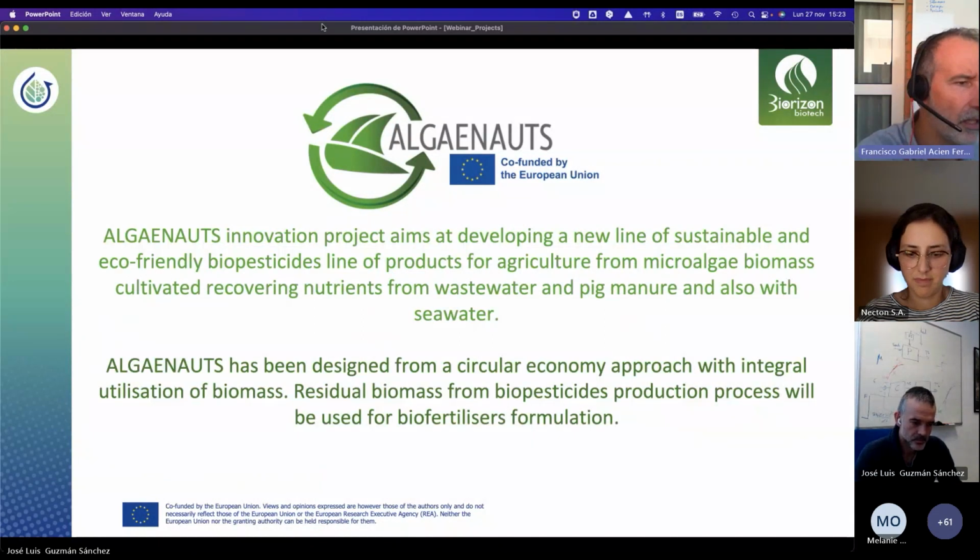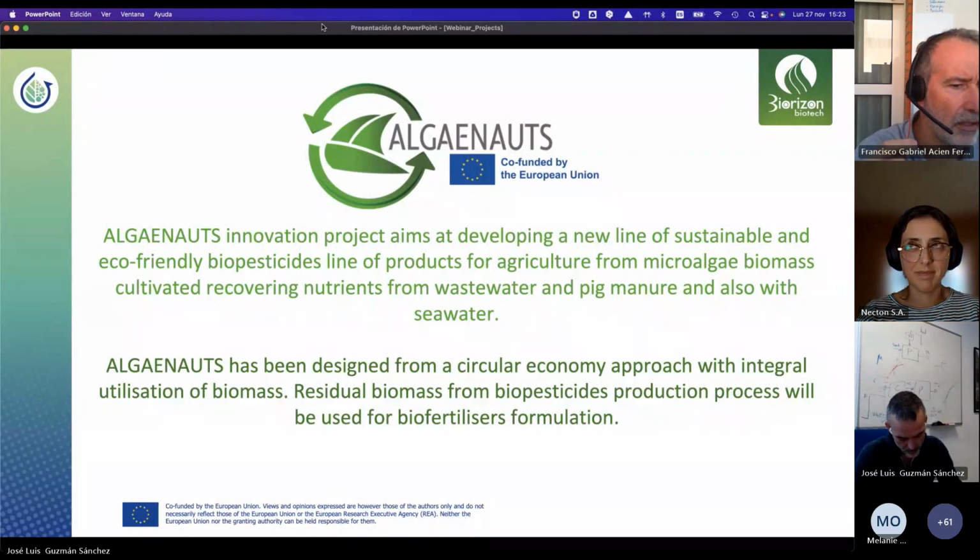Then the idea is to be able to produce the agricultural products, both biostimulants and biopesticides, using microalgae biomass, but this biomass must be produced in a sustainable way.